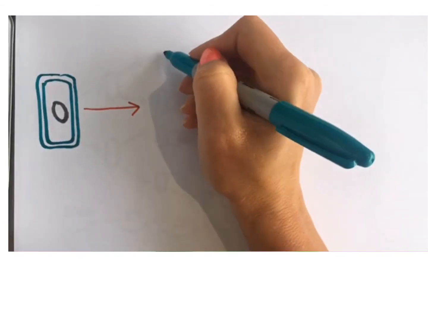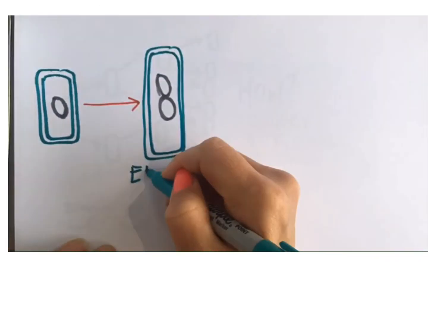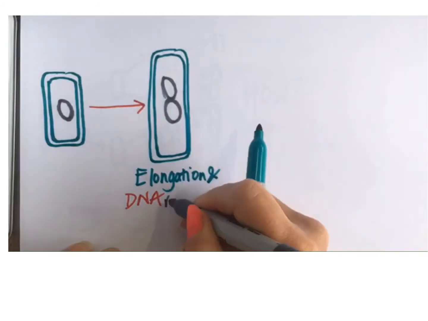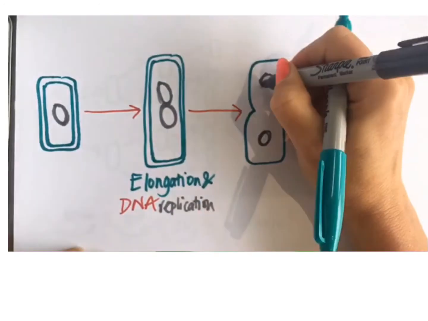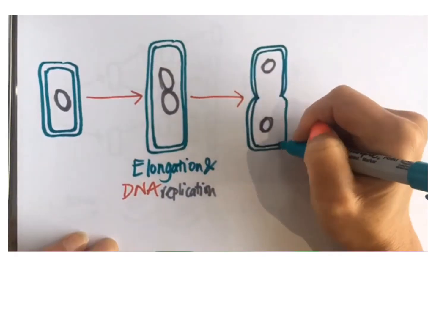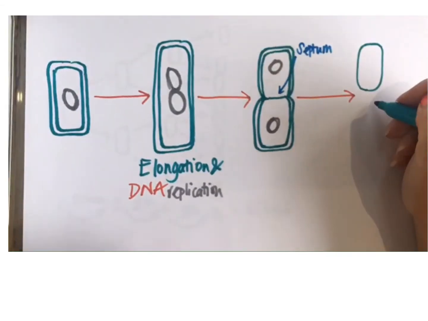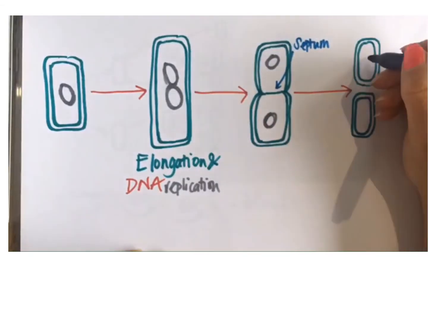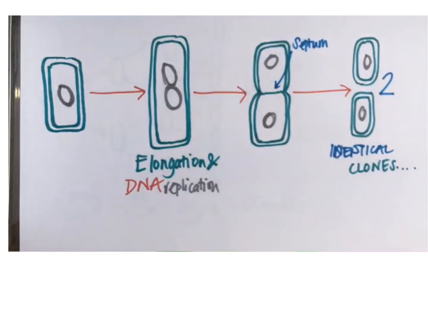First, the bacterial cell elongates, and then the DNA is copied or replicates. Plasmids move to each end of the cell, and a thin septum develops in the middle. This septum then pinches off and two bacterial cells are formed. They are identical, or clones.